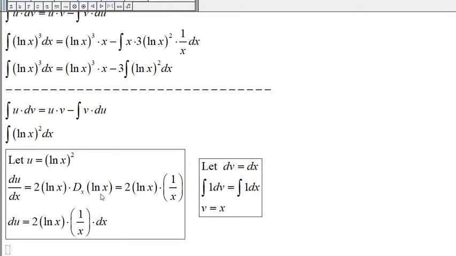The derivative of the natural log of x is 1 over x. And so we get du is equal to 2 times the natural log of x times 1 over x times dx. And then we let dv be dx, just like before. Integrate both sides, and we get v is equal to x.